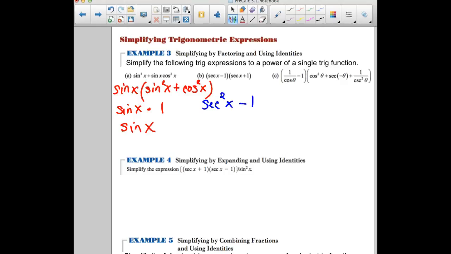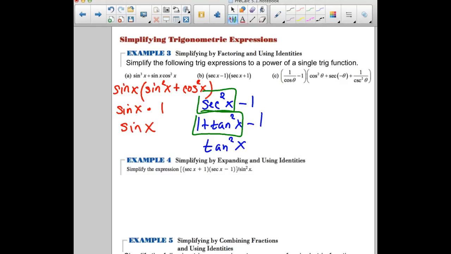Going back to our Pythagorean identities, secant squared is defined to be 1 plus tangent squared. So this here turned into this, and then we have a 1 minus a 1. Those cancel, and it just becomes the tangent squared.